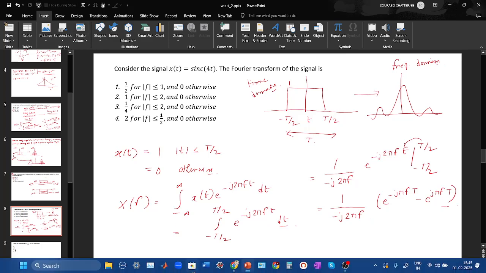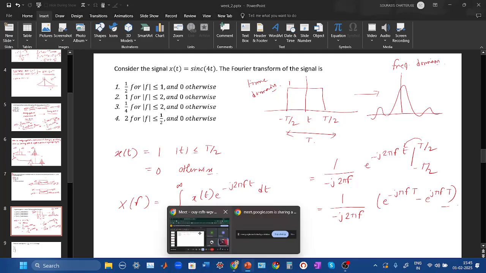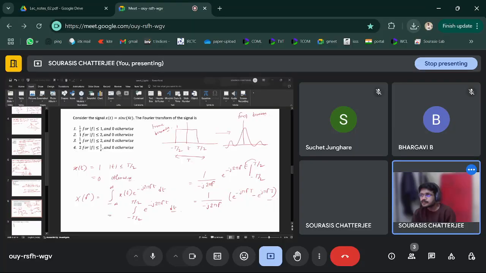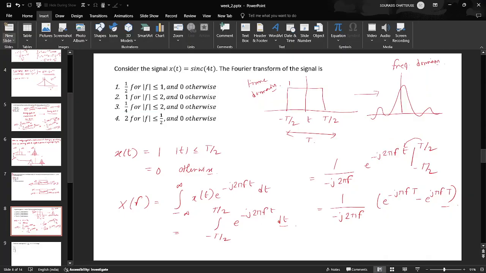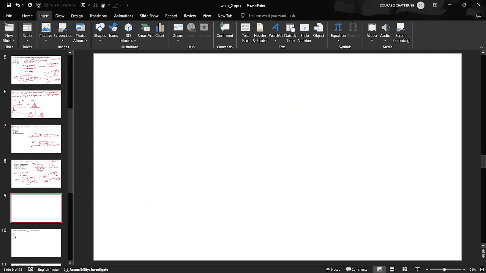So let me introduce a new slide here. We have e to the power minus j pi f T minus e to the power j pi f T, basically the difference between two complex sinusoids.